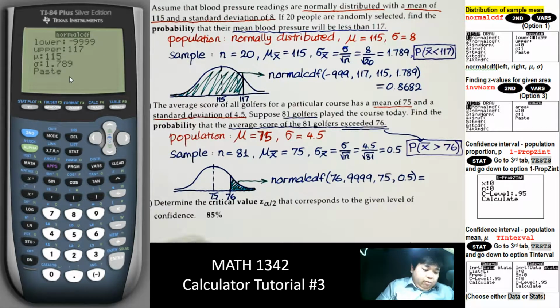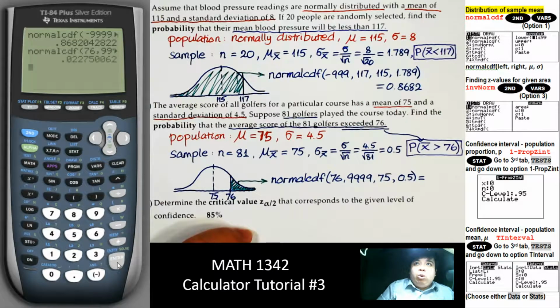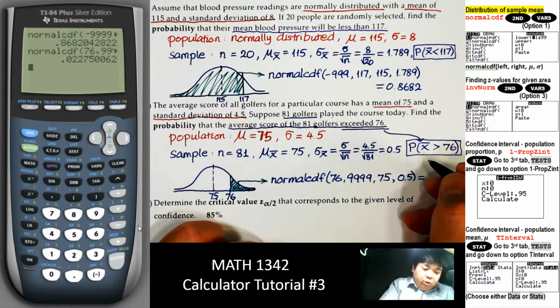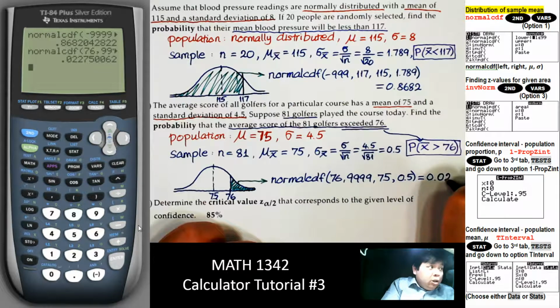Right, so we have 76, go to 9999, the mean 75 and standard deviation 0.5, and now that will do, and we have 0.0227.